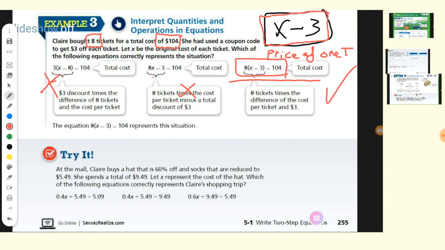At the mall, Claire buys a hat that is 60% off. So it's minus, off means we take off. And socks that are reduced to 5.49. She spent a total of 9.4. So he tells us the total.